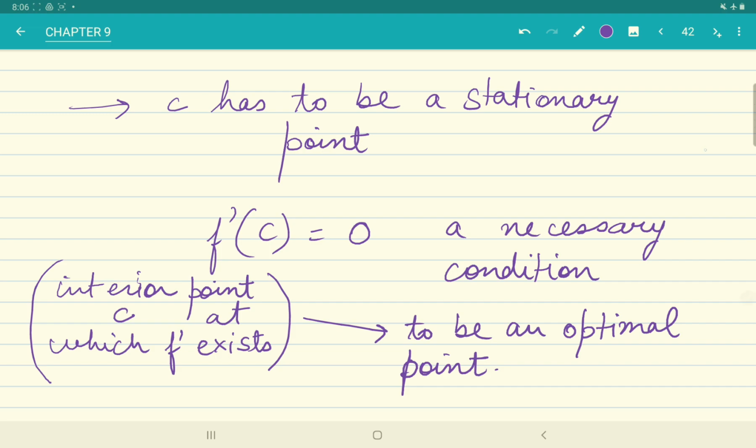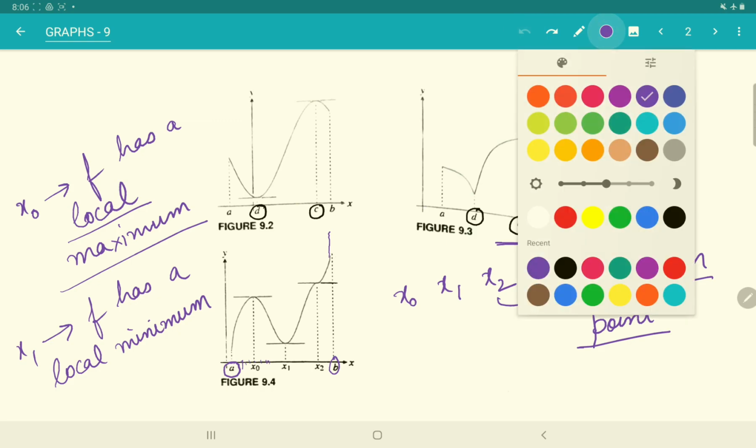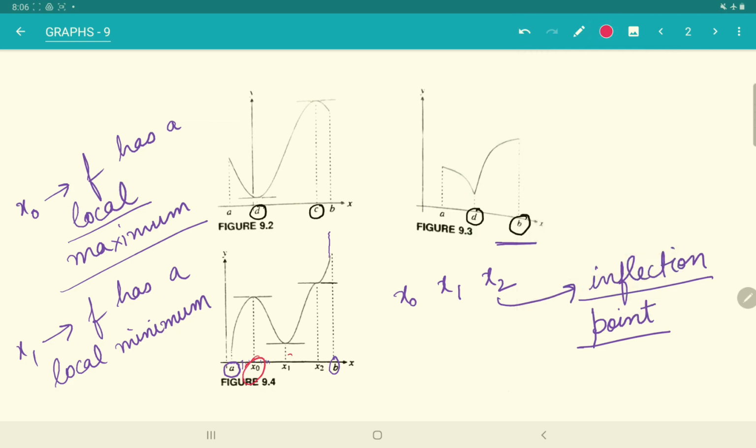So let's take up that diagram. If we see this figure 9.4, here we see x naught, x1 and x2. All these three are stationary points, but none is an optimal point. Why do I say this? Because x naught is a local maximum point and x1 is a local minimum point.